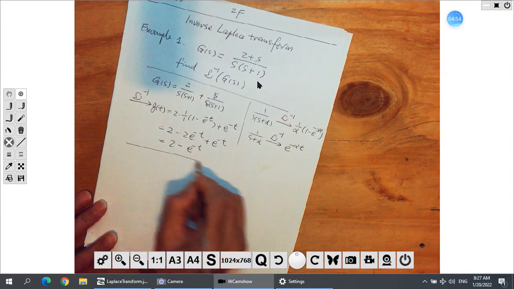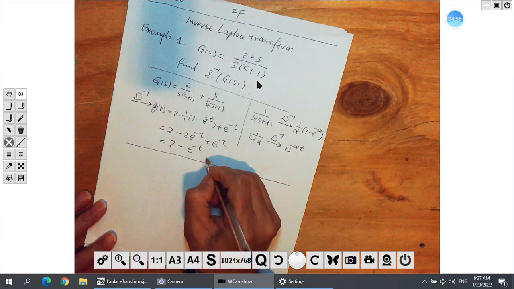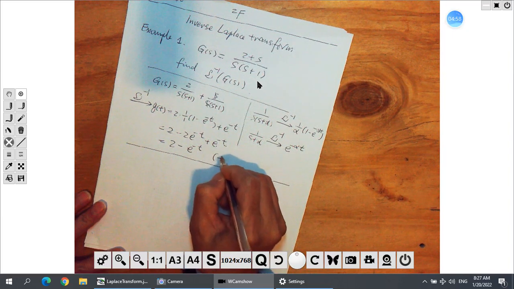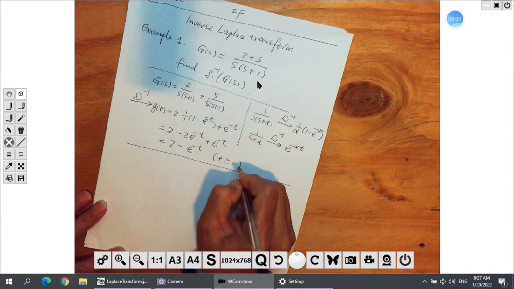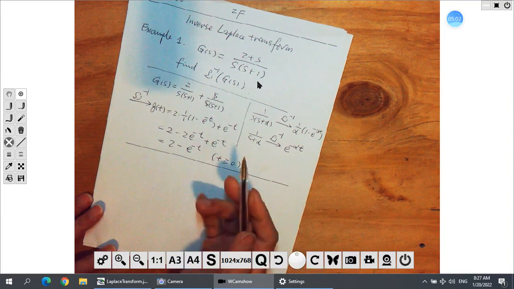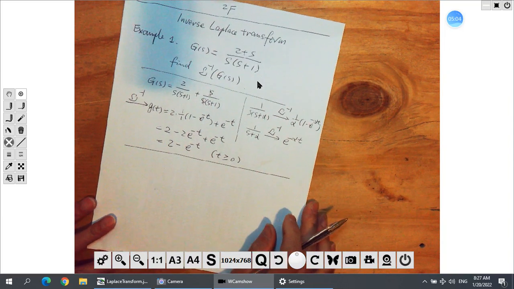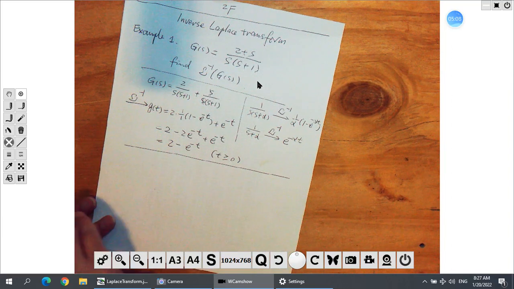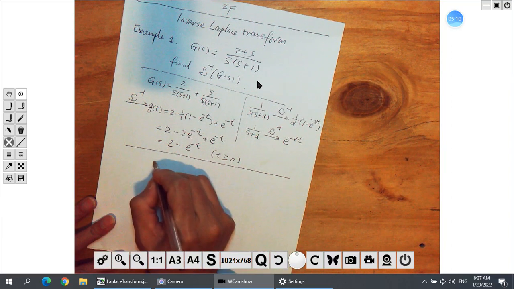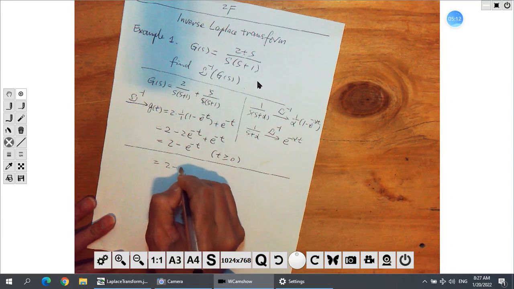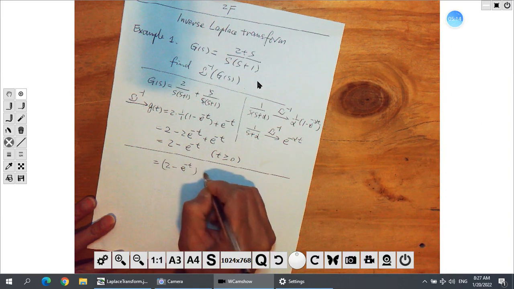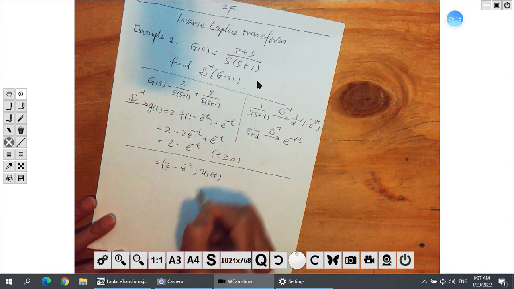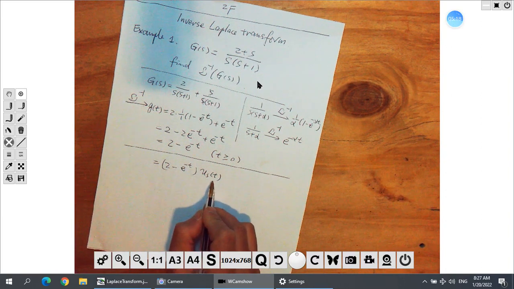And of course, you need to put t positive. In the negative side, we don't know what it is. Maybe you want to make sure that side is 0. You can also write it as (2 minus e to the negative t) times u of t, because u of t on the positive side is 1 and on the negative side is 0.